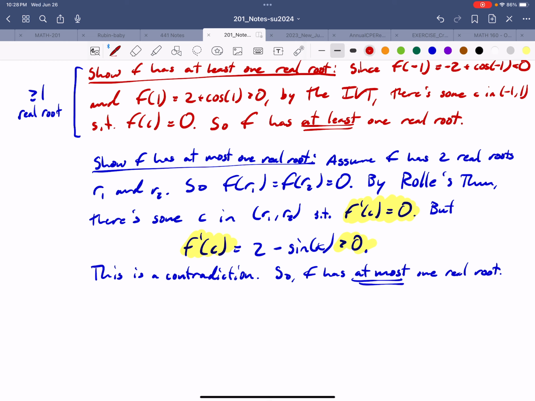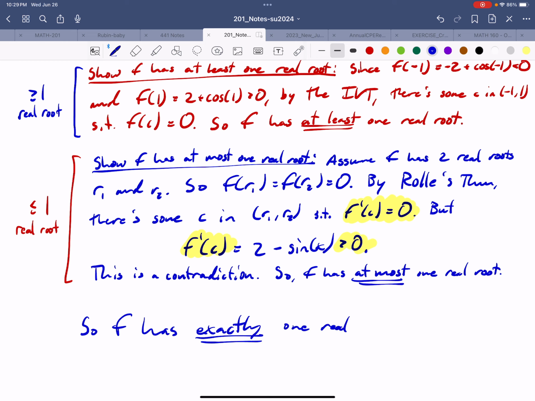See, this is at most one real root. And so you see how we have at least one real root and at most one real root. So f has exactly one real root.